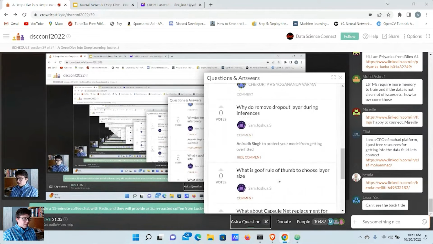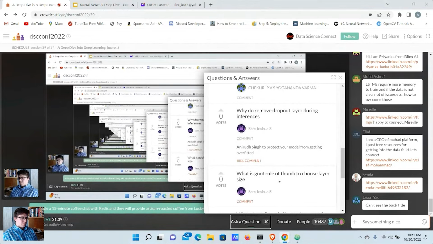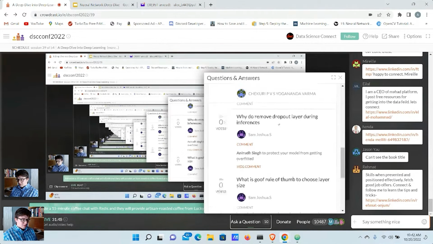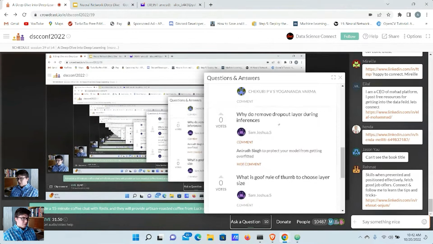Why do you remove the dropout layer during inference? So I don't really understand the question. The dropout layer is kind of its own thing. It's primarily used to prevent overfitting by getting rid of certain neurons within your system.